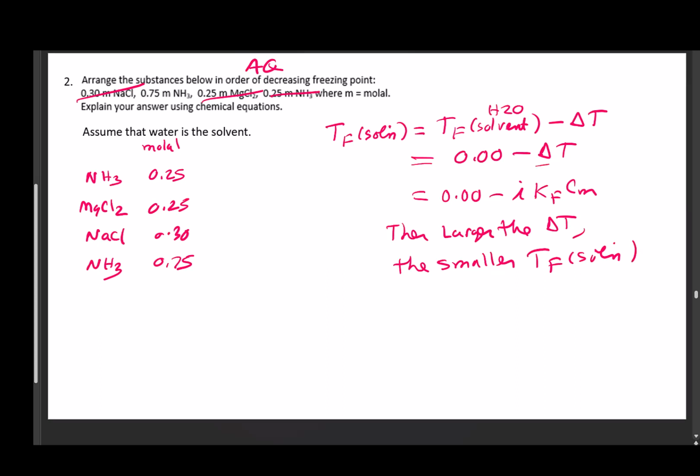The larger the magnitude of this delta T is, because we're flipping it negative there, the lower is the freezing point of the solution. So the most concentrated solution has the lowest freezing point.